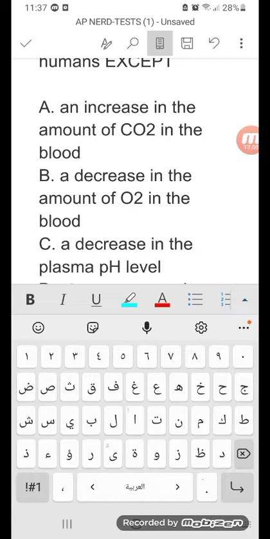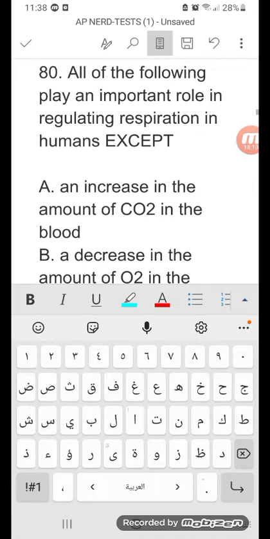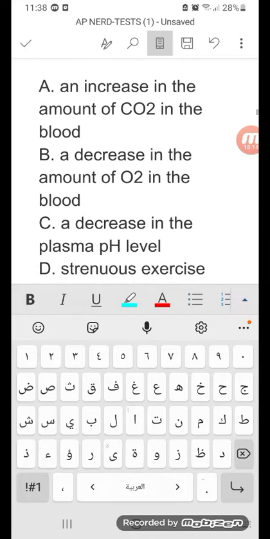When the level of CO2 increases, which means when you are working out or exercising a lot, this is one way of regulating respiration. Decrease in the amount of O2 in the blood, no. The sensors in the carotid arteries and in other major arteries check and sense CO2. So decreased oxygen is no.